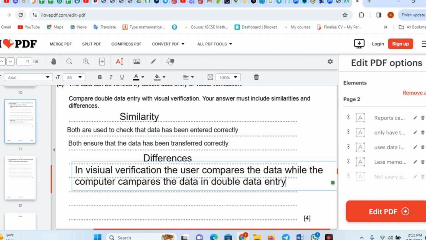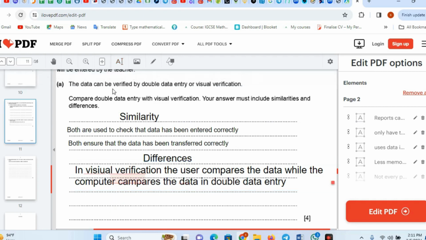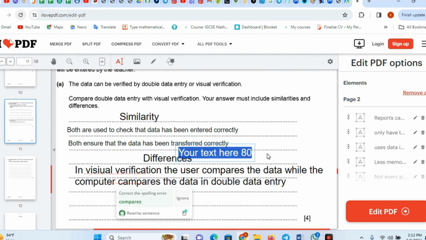Do you get it? So that means in visual verification, it is the user himself or herself that will compare the data, while the computer will compare the data in double data entry. Let's have one more example, and we are good to proceed to the next question.